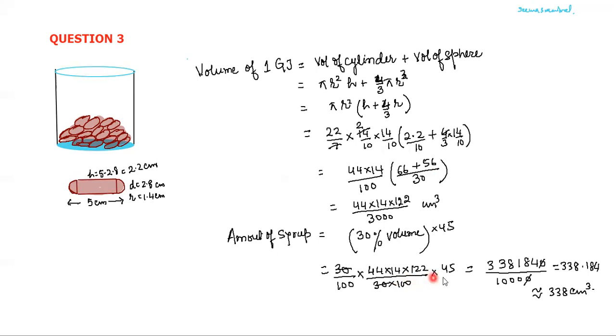Multiply all these numbers, you will get this, and divide it by 10,000, and 0 will get cancelled, and simply you have to transfer the decimal. So after 3 places from the back, you will transfer the decimal, and therefore you can say approximately the syrup contained in 45 GJs is equal to 338 centimeter cube.